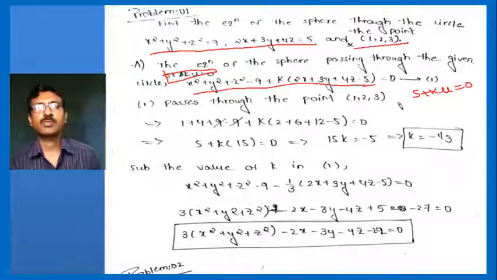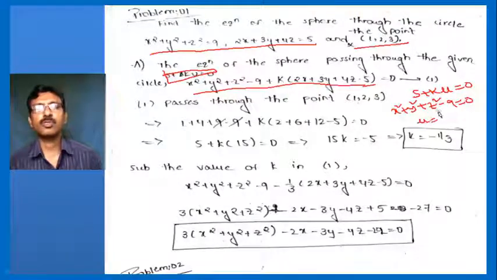S is x square plus y square plus z square minus 9, equal to 0. U is the equation of the plane, 2x plus 3y plus 4z minus 5 equal to 0.